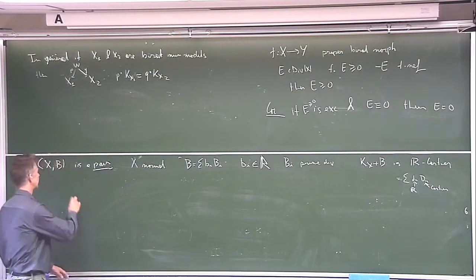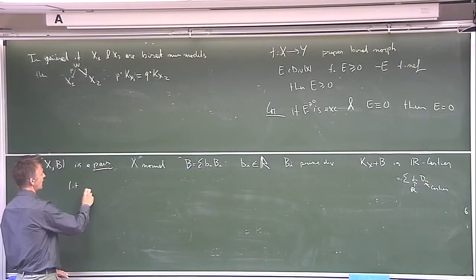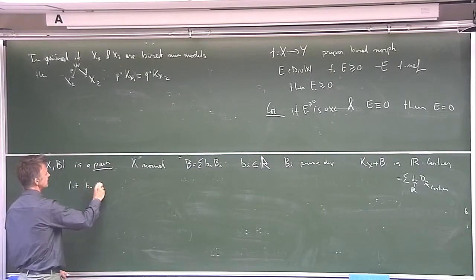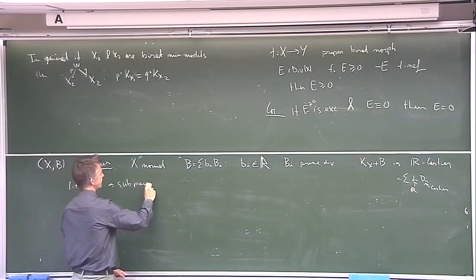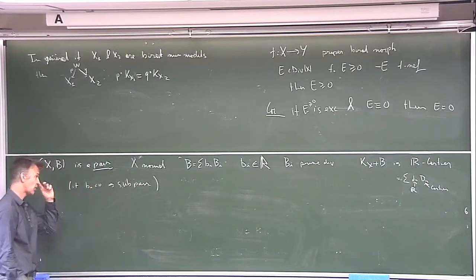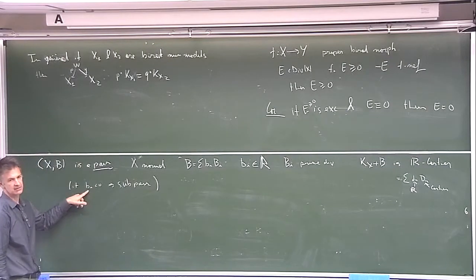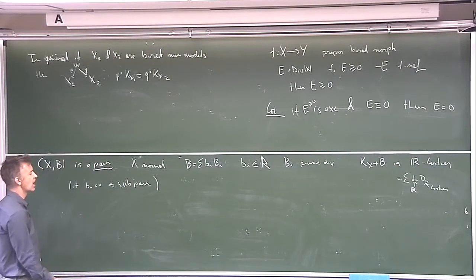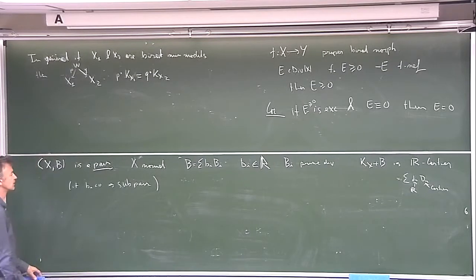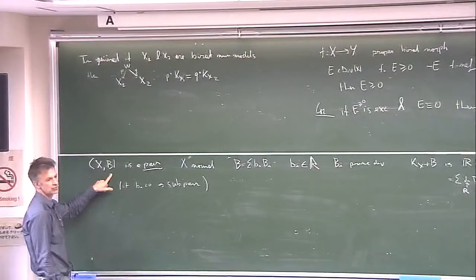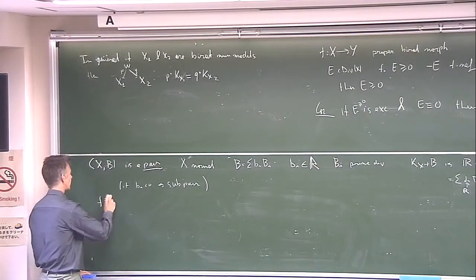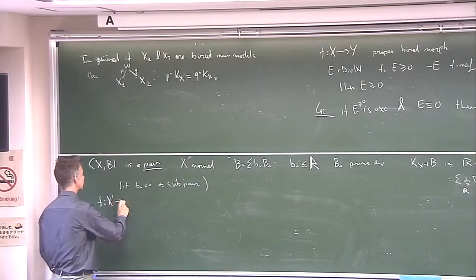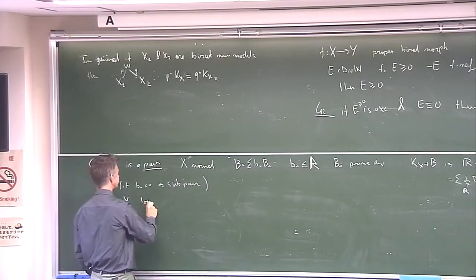Typically, if I allow b_i to be less than 0, I will talk about a subpair. More often than not, when I talk about a pair, I like to assume that the b_i's are greater or equal to 0. OK, so now how do I define my singularities? Well, life would be a lot easier if X was smooth and B was simple normal crossings. So let's just reduce to that case. So let f from X prime to X be a log resolution.